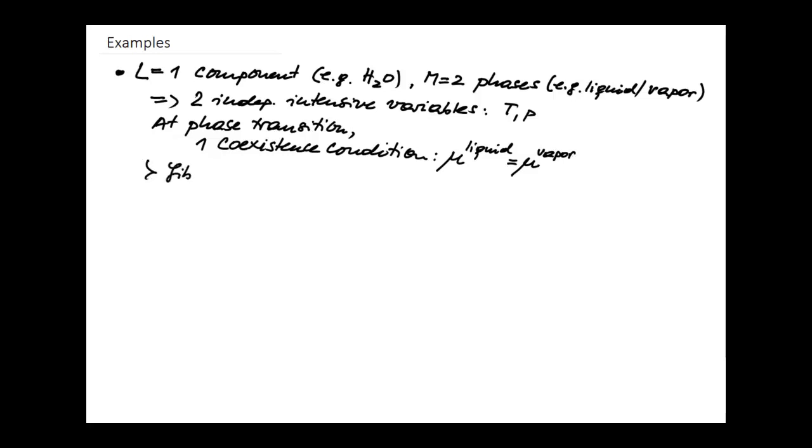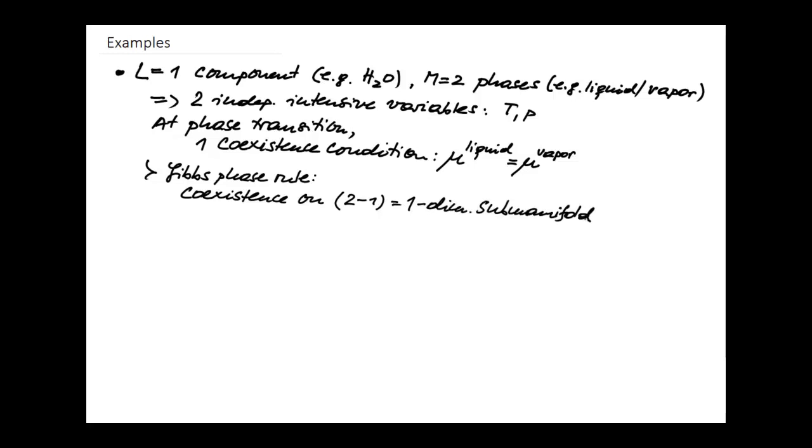Then the Gibbs phase rule tells us that we have coexistence of the two phases on a 2 minus 1, that's equal to 1, on a one-dimensional submanifold. A one-dimensional manifold is a curve.